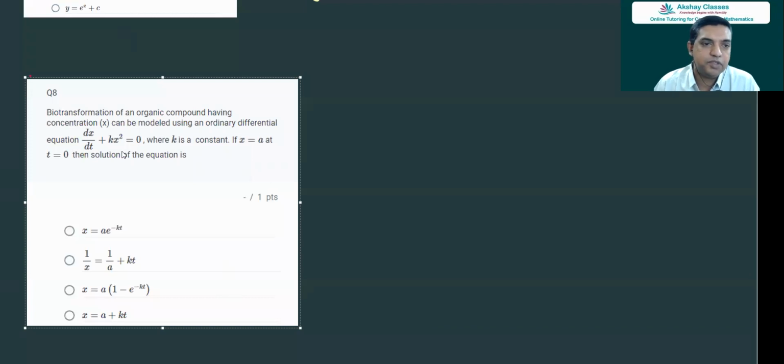So biotransformation of an organic compound has concentration X, which can be modeled using an ordinary differential equation. So the rate of change of concentration is proportional to the square of the concentration present. This is how the differential equation is defined.